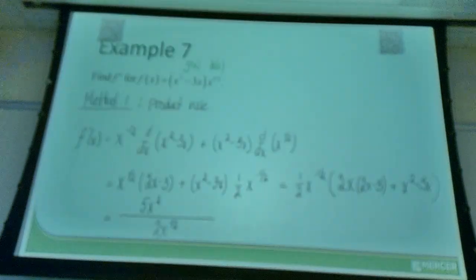Two x times negative 3, negative 6x, minus 3x, negative 9x. There's your derivative: 5x squared minus 9x over 2x to the 1/2. That is using product rule.